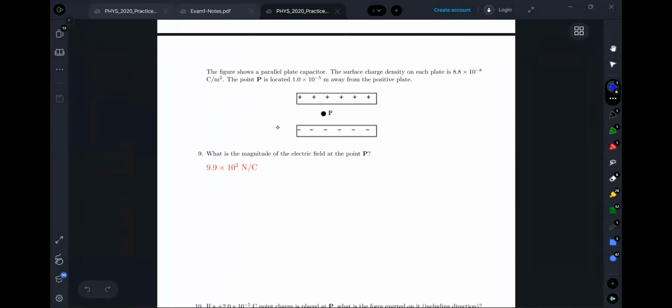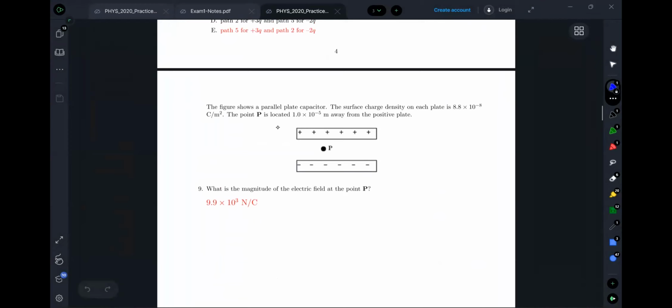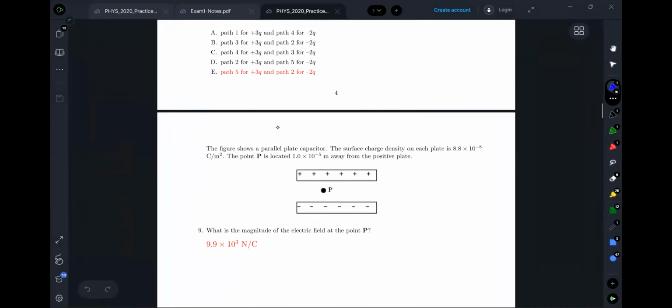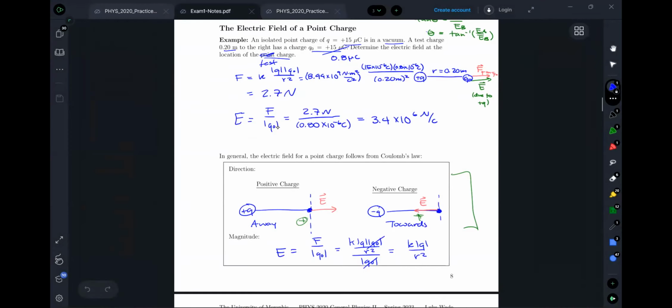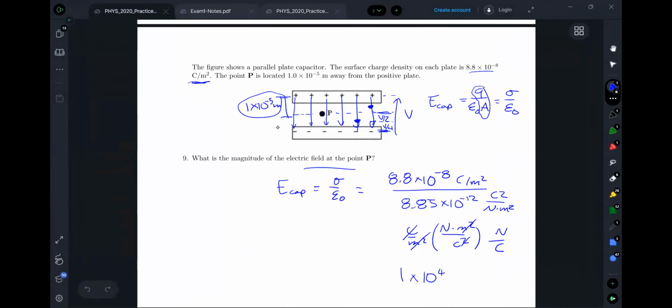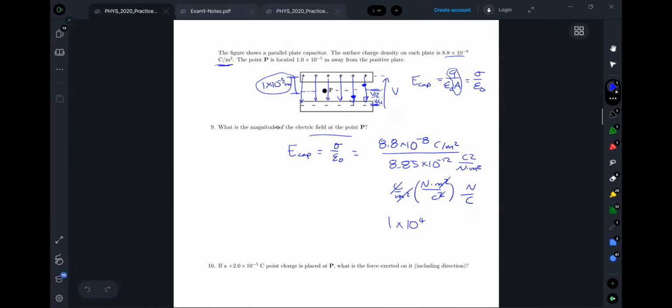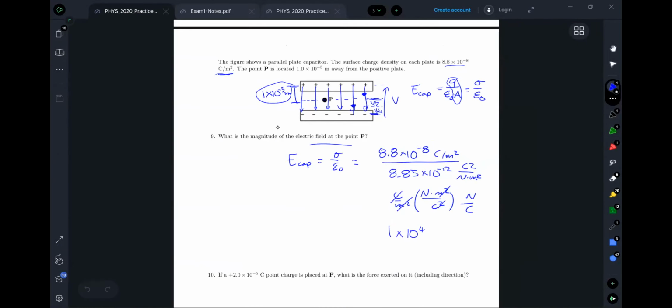Yeah, it's almost 1 times 10 to the 4, because if it were 10, that'd be 10 times 1,000, which is 10,000, or 1 times 10 to the 4. So that should be that one. I should put my units there. All right. Does that clear that one up?